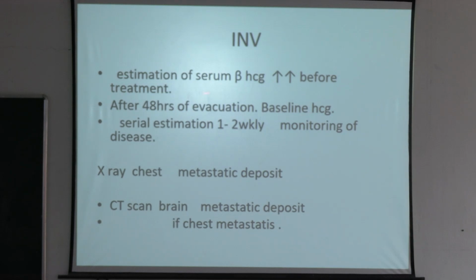And at 48 hours or within 48 hours, if you estimate the beta hCG after evacuation, that will act as a baseline hCG value to monitor whether at subsequent estimation the hCG level is falling or rising.